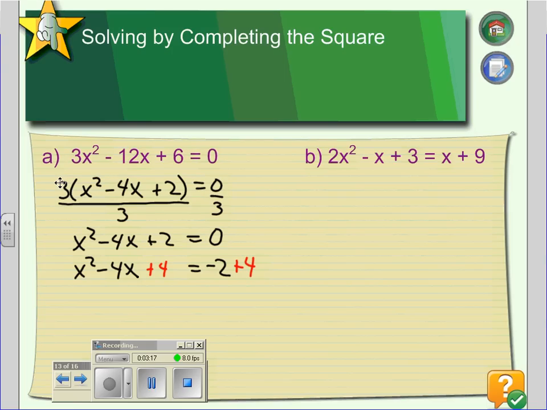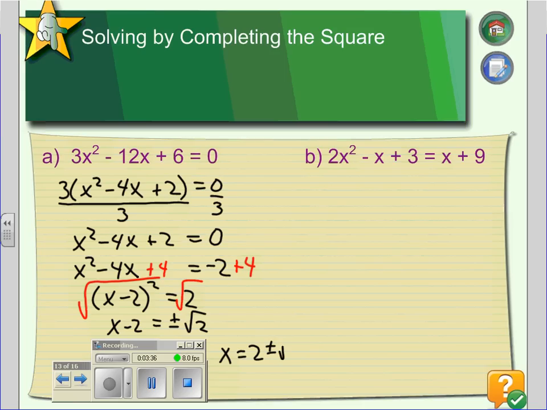And then we factor it. x minus 2 quantity squared equals 2. Then we can take the square root, and we get x minus 2 equals plus or minus square root 2. And then adding 2 to each side, we get x equals 2 plus or minus square root 2.